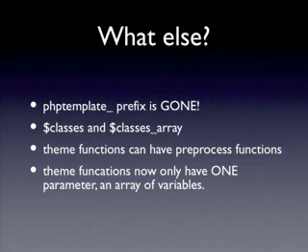For example, if your subtheme had a phptemplate_preprocess_page, and it was a subtheme of the Zen theme or a subtheme of whatever, Drupal would go in and do this theme registry discovery where it figures out which functions go with the base theme, which functions go with the subtheme, and writes it all down so that when it renders this subtheme, it calls all of the preprocess functions for the base theme, and then all the preprocess functions for the subtheme.